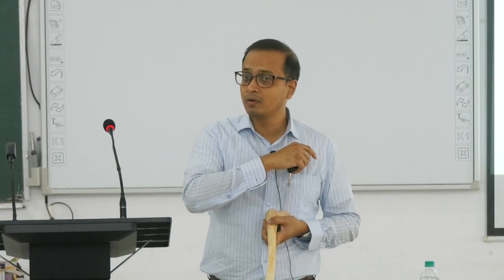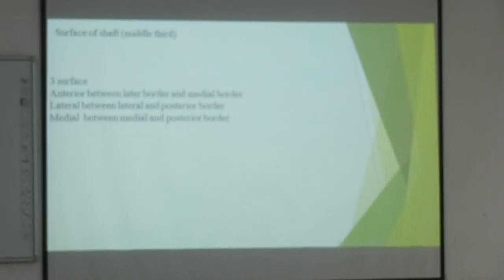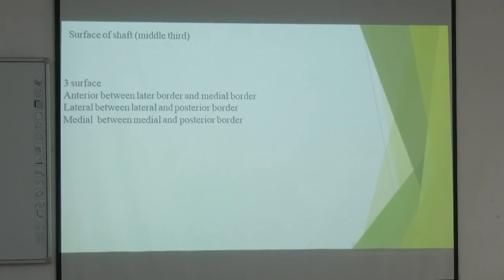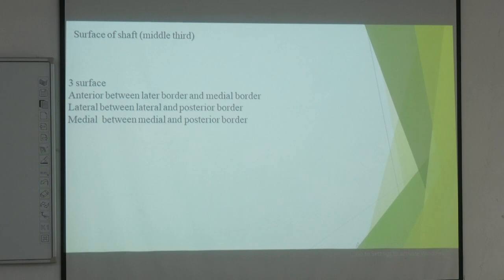Now, once you have these borders, you have to know about the surfaces. This shaft also has three surfaces. We call the anterior surface the one between the medial border and the lateral border.